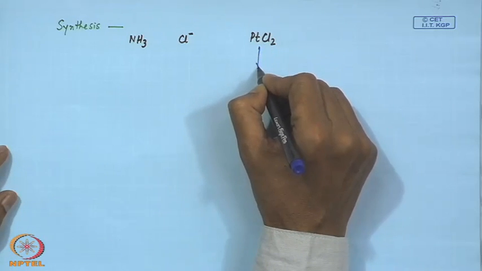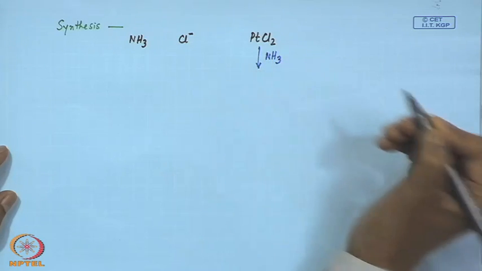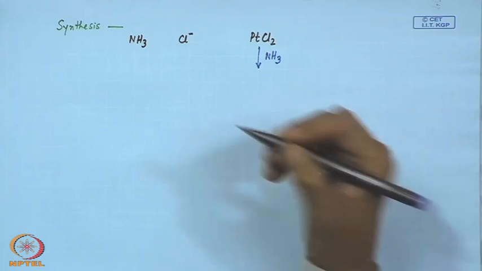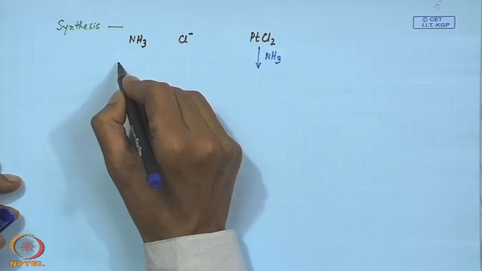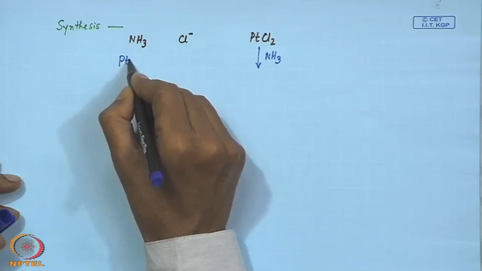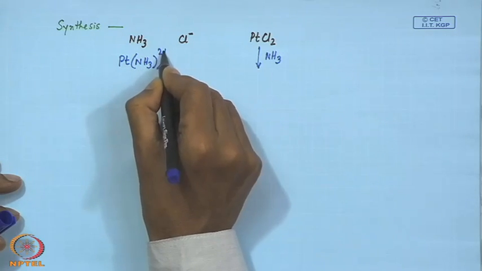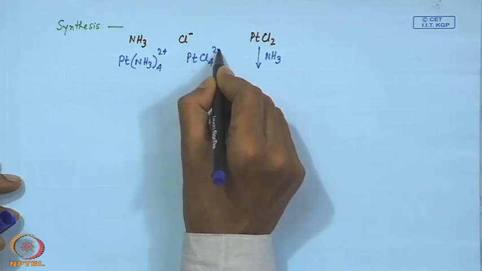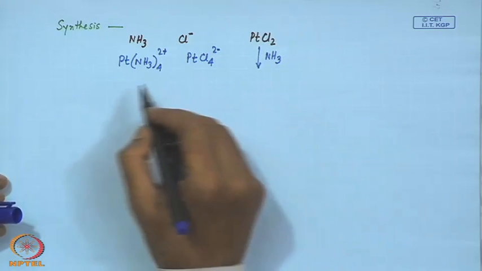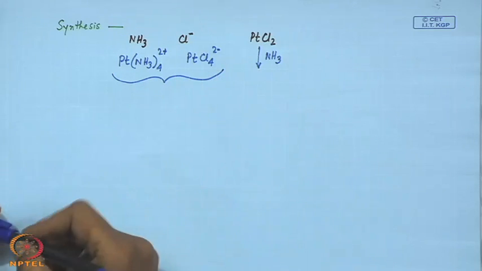So, whether this particular metal salt can react with ammonia, or we can have the two compounds of A4 and B4 type, that means Pt(NH3)4 2 plus or PtCl4 2 minus, will encounter some kind of ligand substitution reaction.